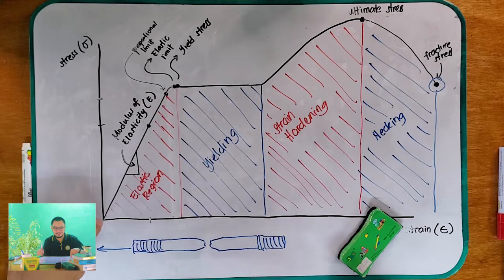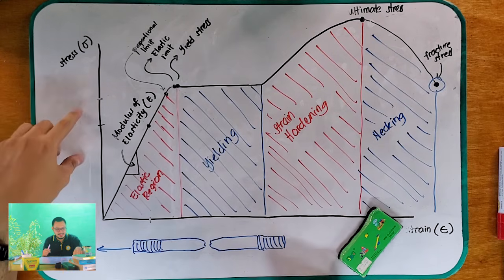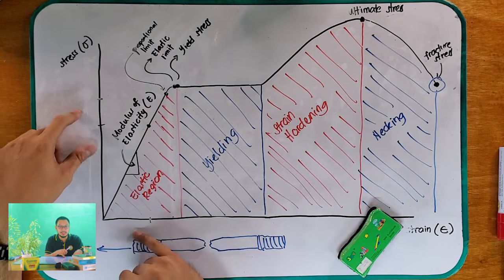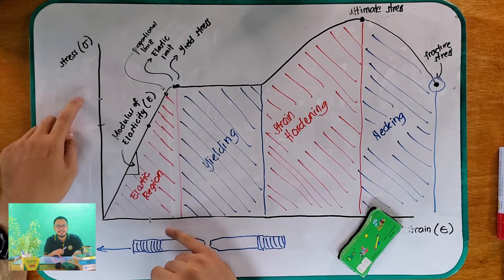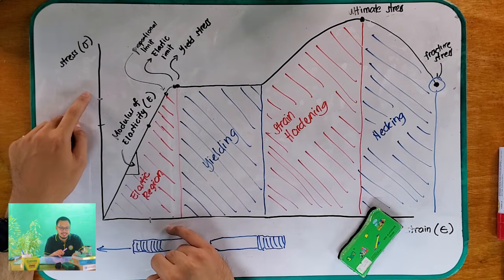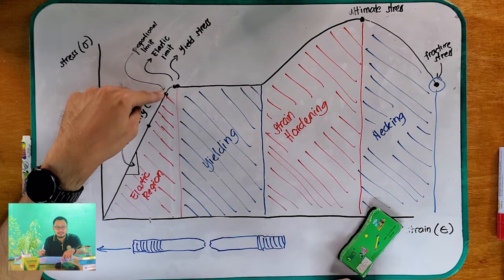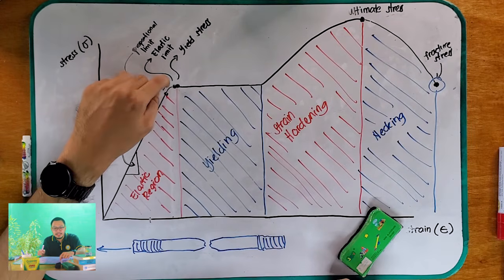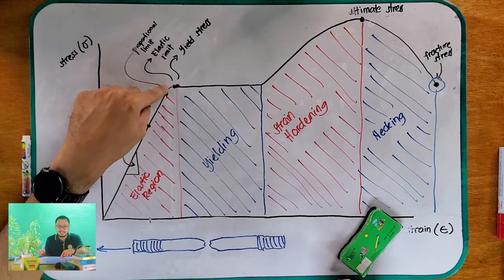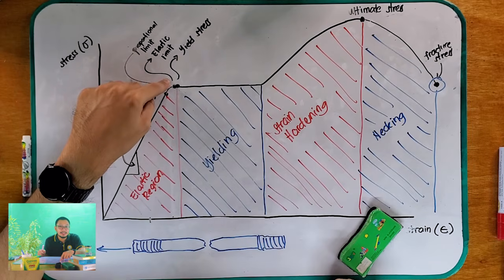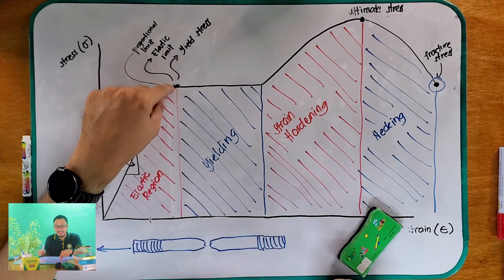Okay? So, nagsugod siya diri sa walay stress o walay strain at gi-increase ang stress, and then there is a proportional equivalent of the increase of your strain tungod sa imong stress. Then it reaches a proportional limit and niabot na siya sa iyang limit sa iyang elasticity and ni-yield na siya.